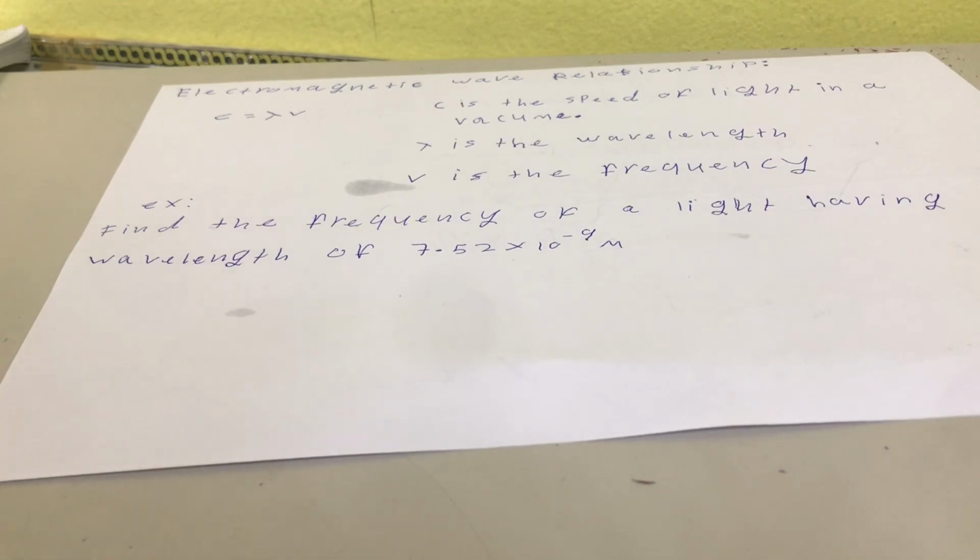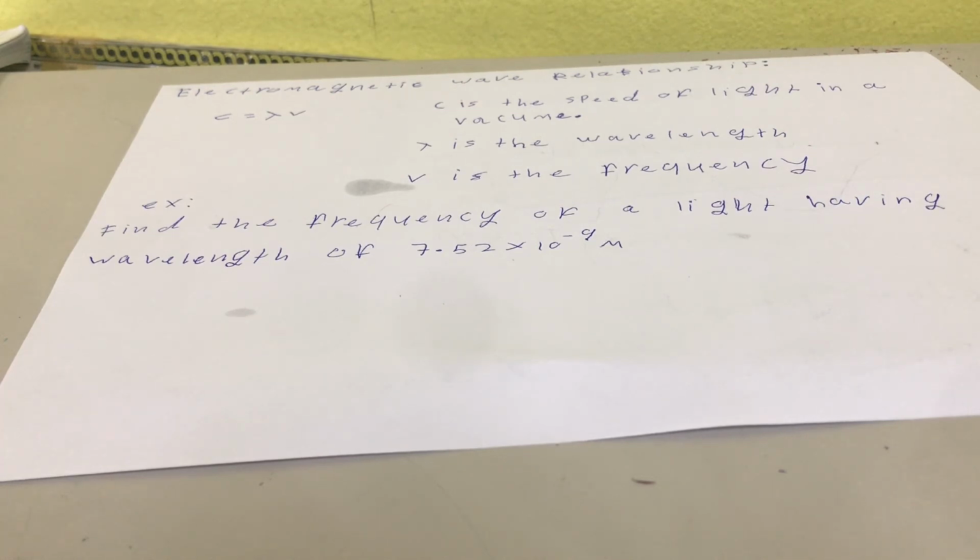Electromagnetic wave relationship. There's a formula, which is C equals lambda times V, which is frequency, or you can say F instead of V. Lambda represents the wavelength, C is the speed of light in a vacuum, and V is the frequency.